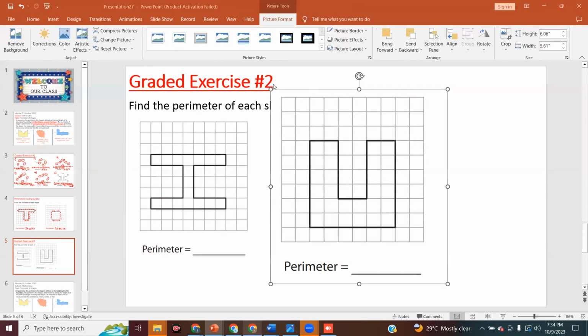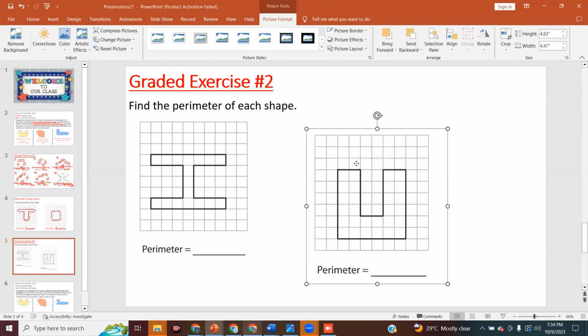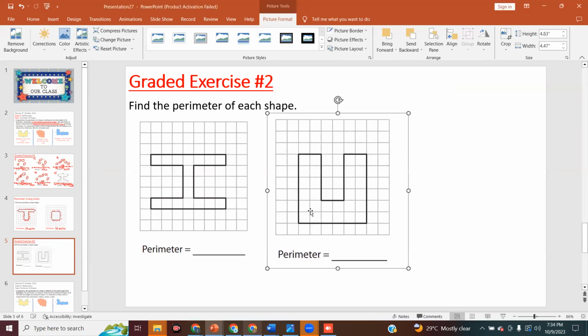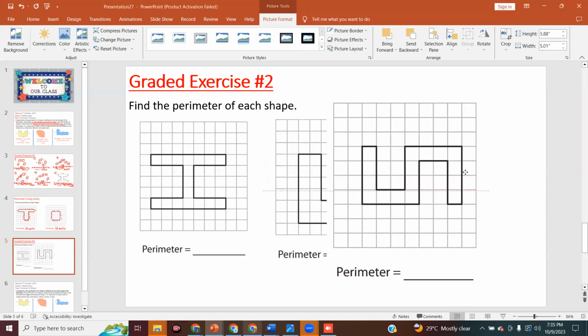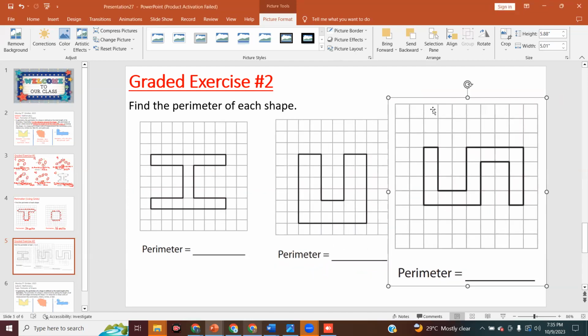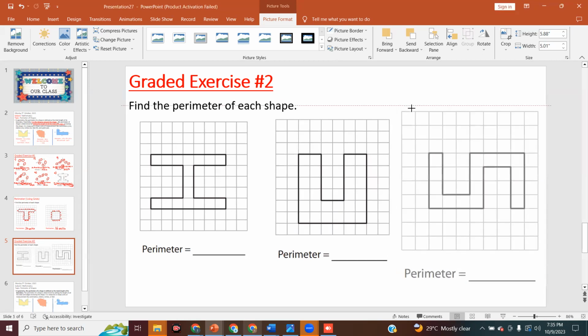The next one is a U. Find the perimeter of this shape. And the final one is an S. So you want to find the perimeter of this shape as well.